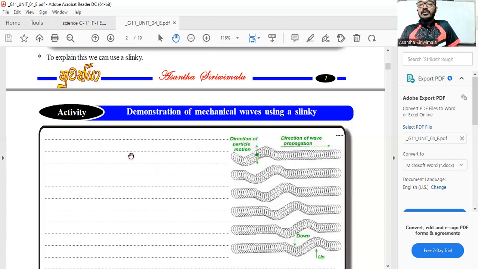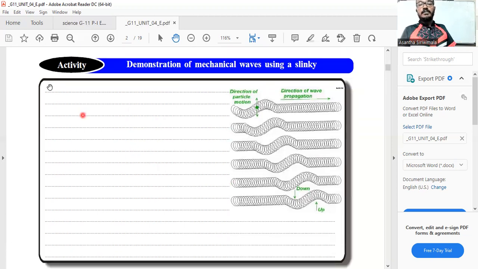Here I will give you a note. You can write from here. Stretch a slinky on a table. Hold it tight from one side.